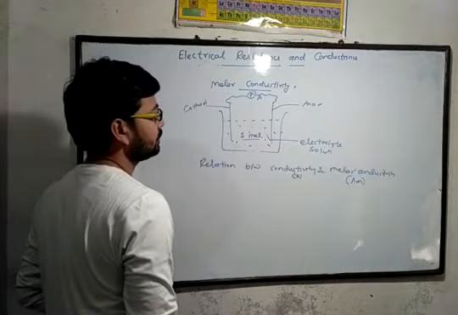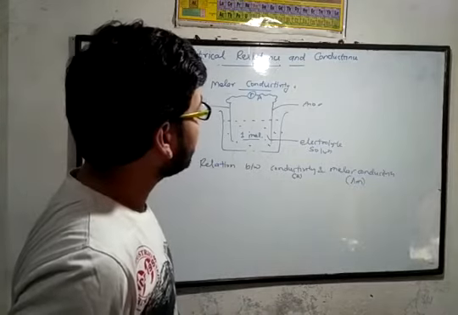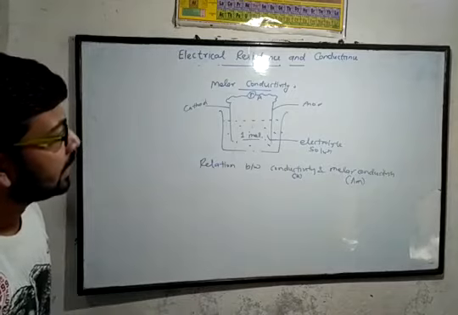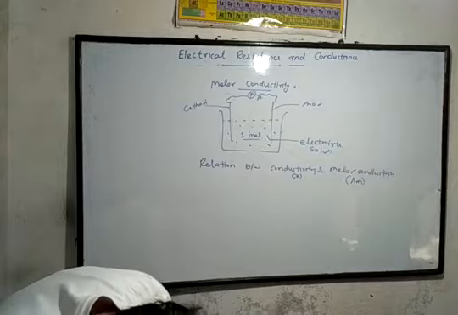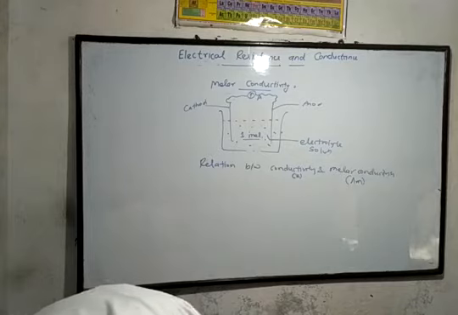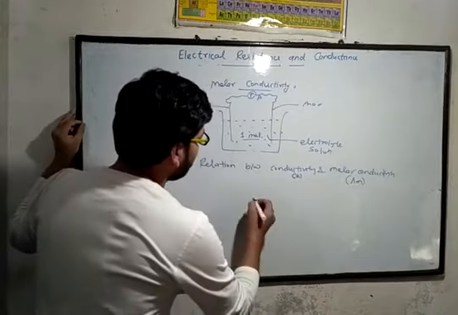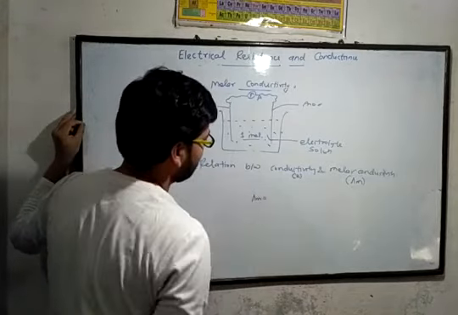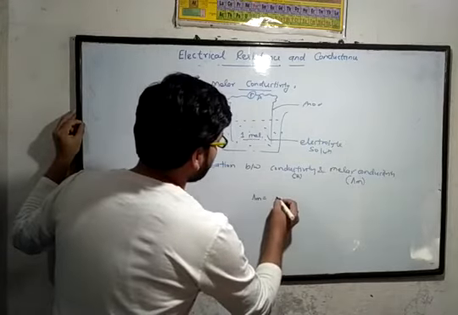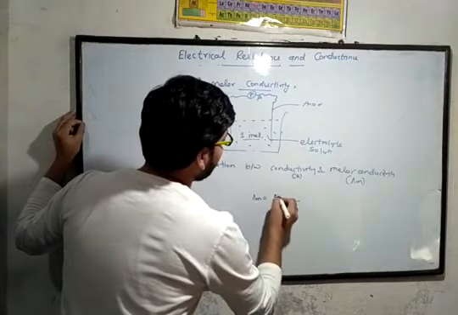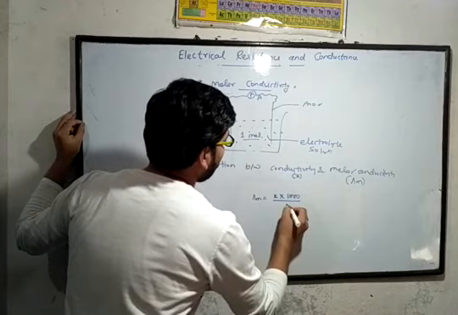The relation is that lambda m is equal to k into 1000 upon m.